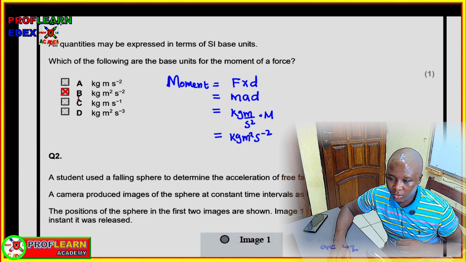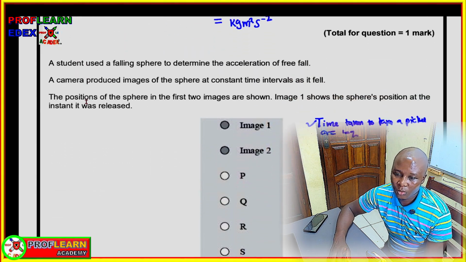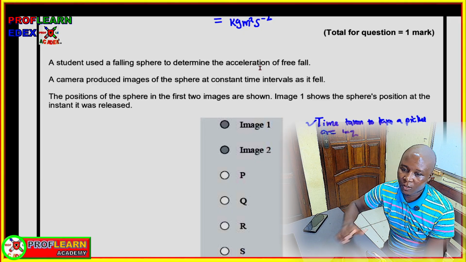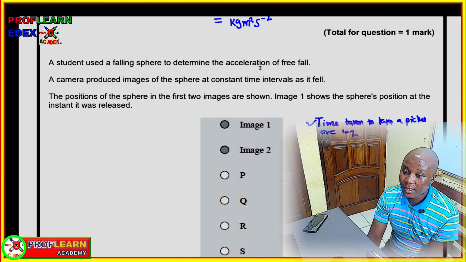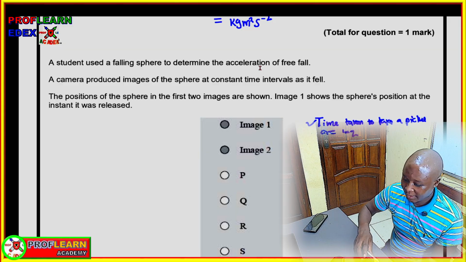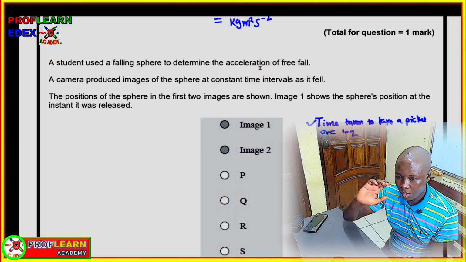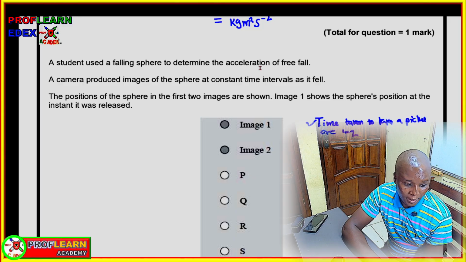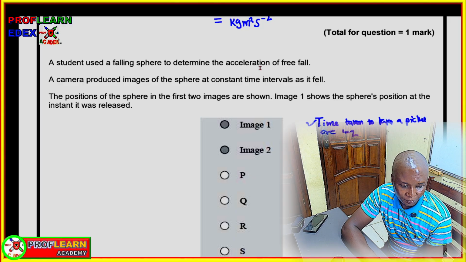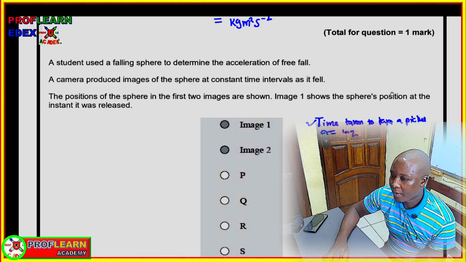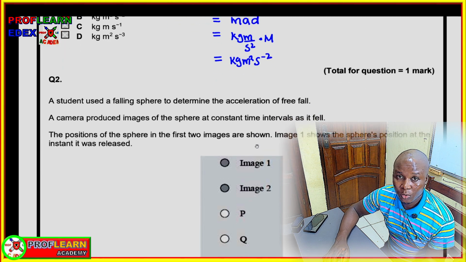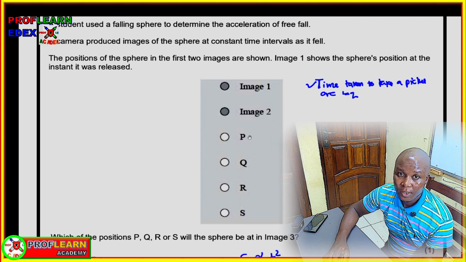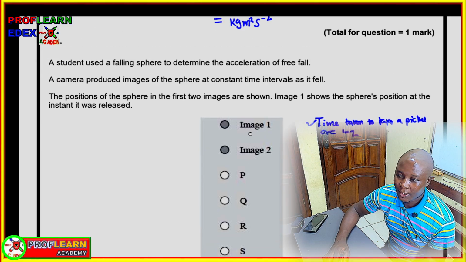Moving to question 2, we are told that a student used a falling sphere to determine the acceleration of free fall. A camera produces images at constant time intervals. Something you need to remember here is that the distance fallen, S, is proportional to time squared, because we can use the formula S equals ut plus a half g t squared.